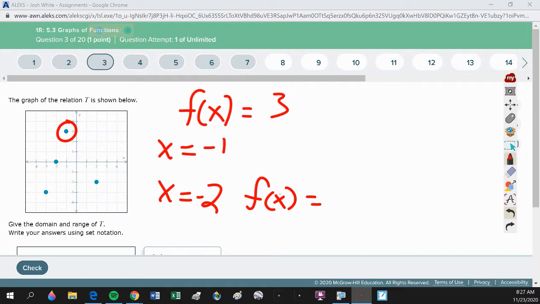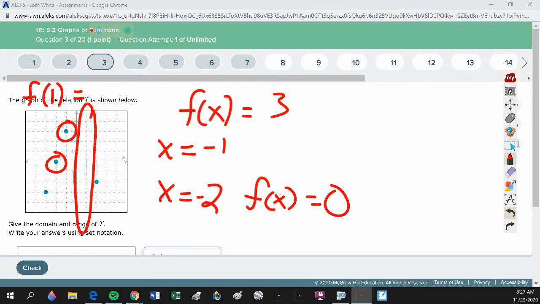If x is -2, what is f of x? 0. And then they probably won't do this to you, but what if I said find f of 1? Are there any y values in this? Nope. No y value. It's not 0. It just doesn't have an answer. Right, blank. They probably won't do that to you, though.